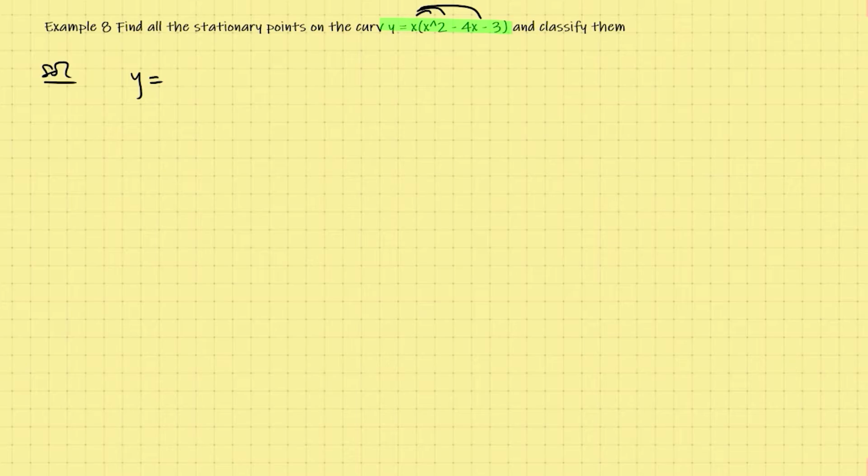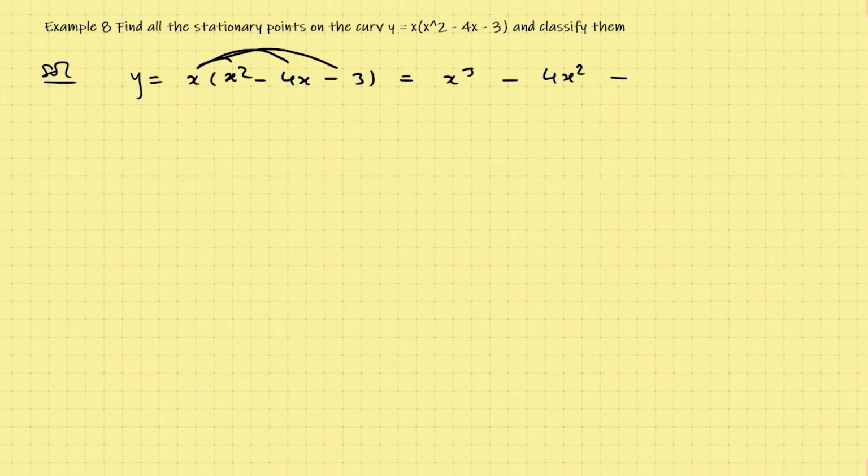So we're going to have x squared minus 4x minus 3, and we expand the brackets to get x cubed minus 4x squared, from this term, and then finally the minus 3x term.